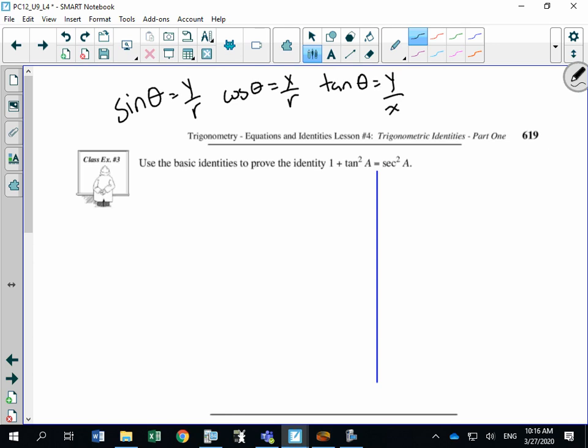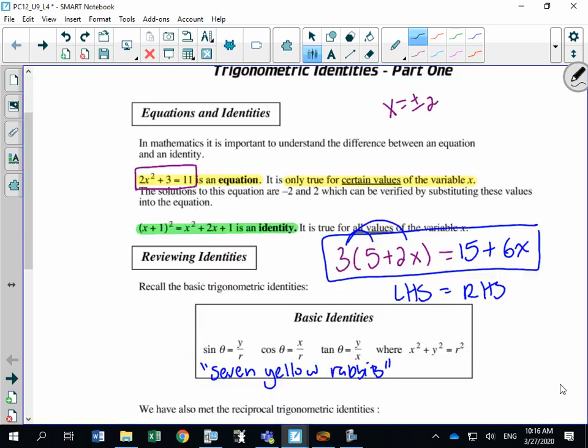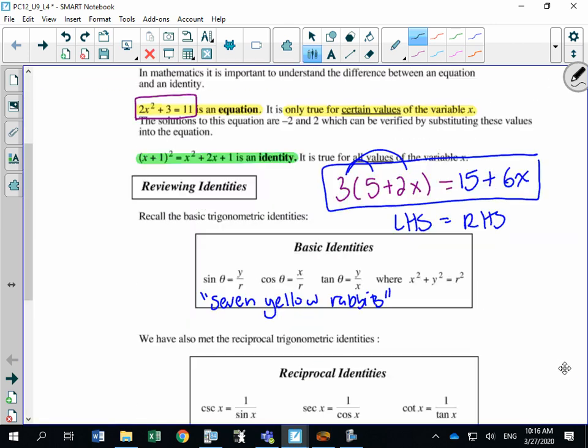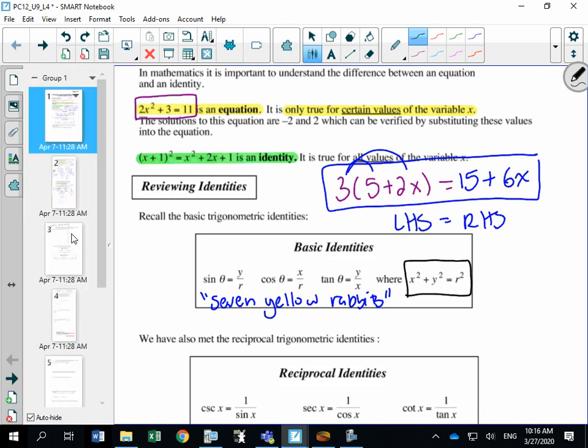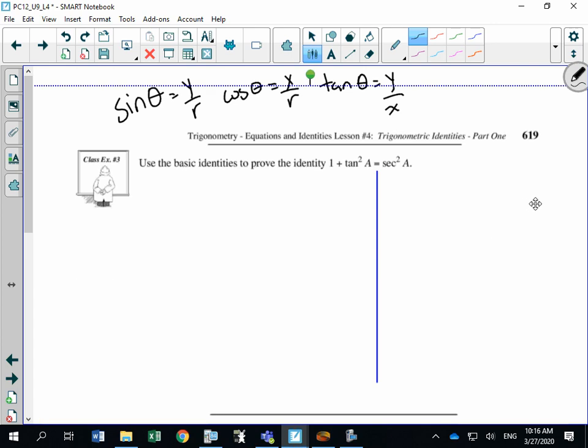And then the last basic identity, remember that on the unit circle, if I go back to that first page with the basic identities, this guy here, x squared plus y squared is equal to r squared. We're going to end up using that identity in this example, so I'm going to write that one down as well as a basic identity: x squared plus y squared is equal to r squared.